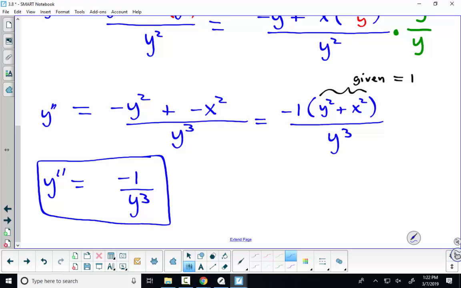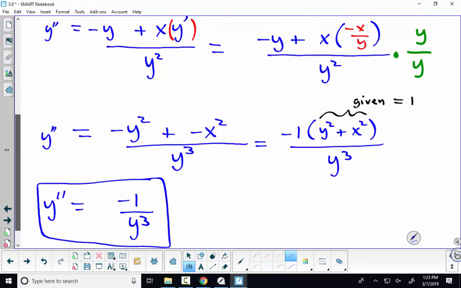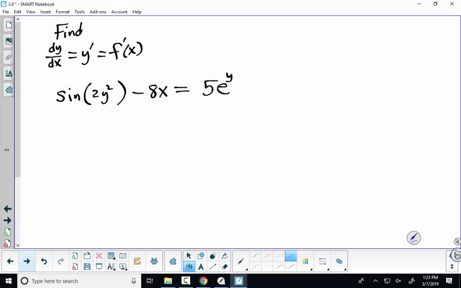And after you've gotten rid of the first derivative, oftentimes you can go back to the original relationship and use that to simplify even further. So are there any questions on this example? We'll look at one more, close out 3.8.